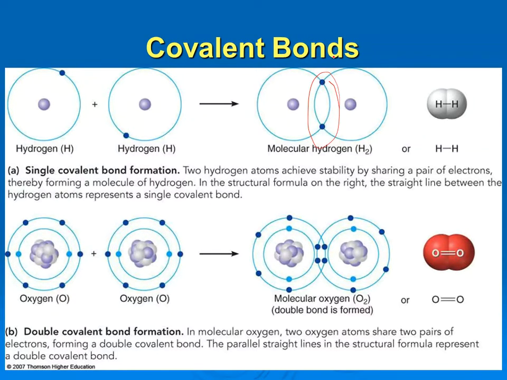Oxygen kind of does the same thing, but notice here, oxygen will have 6 electrons here and 6 electrons on this oxygen atom, but it would really like to have 8 if at all possible, and so it can share a pair of electrons here, and so now it's almost like each oxygen can assume it kind of has 8 electrons on its outer energy level, right?